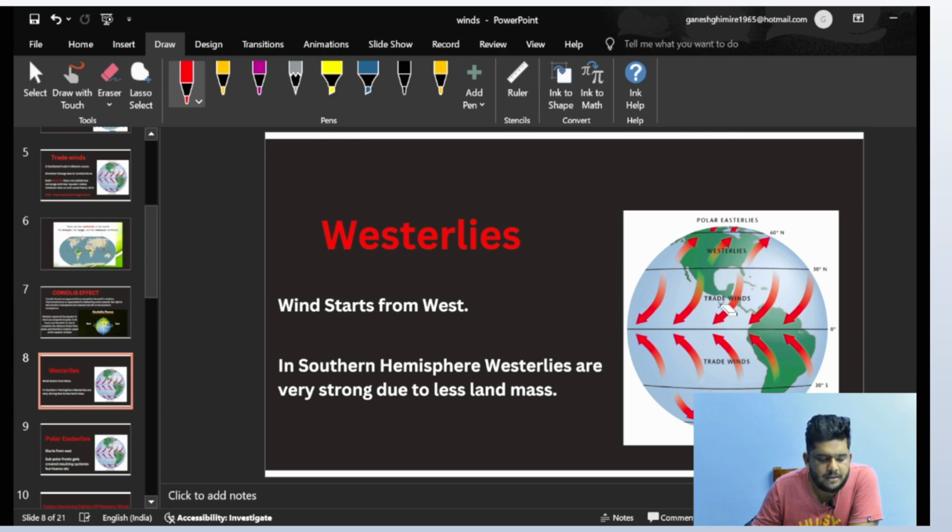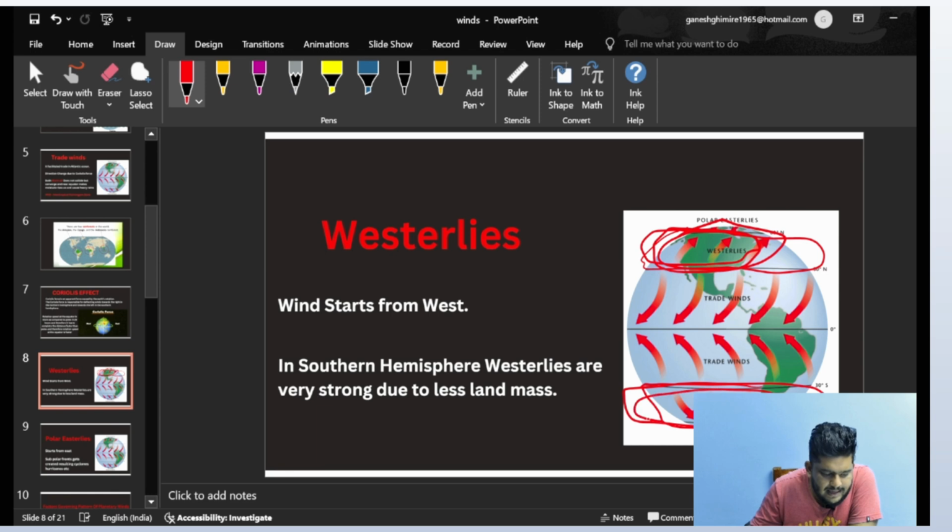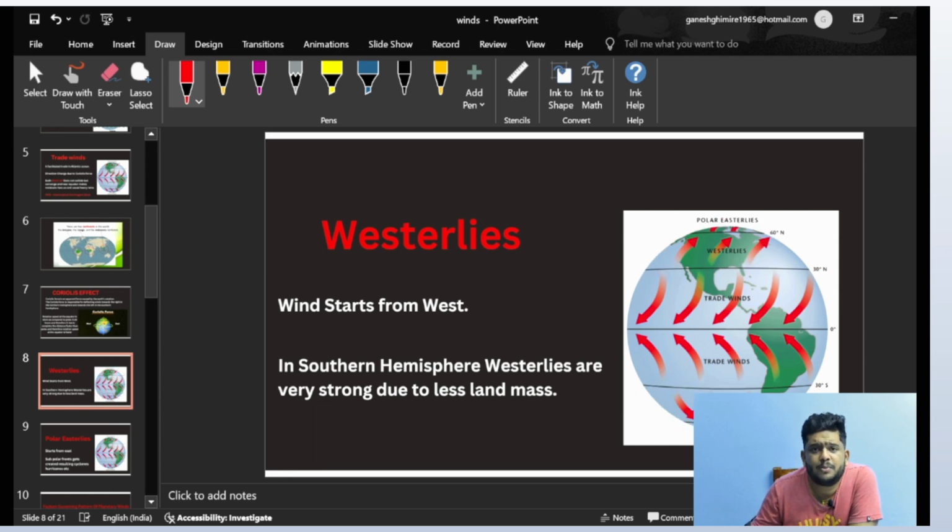The reason is that there are very few land masses. In the northern hemisphere there is much more land mass, but in the southern hemisphere, where westerlies exist, there is very little land mass. That is why it's much more fierce in the southern hemisphere.